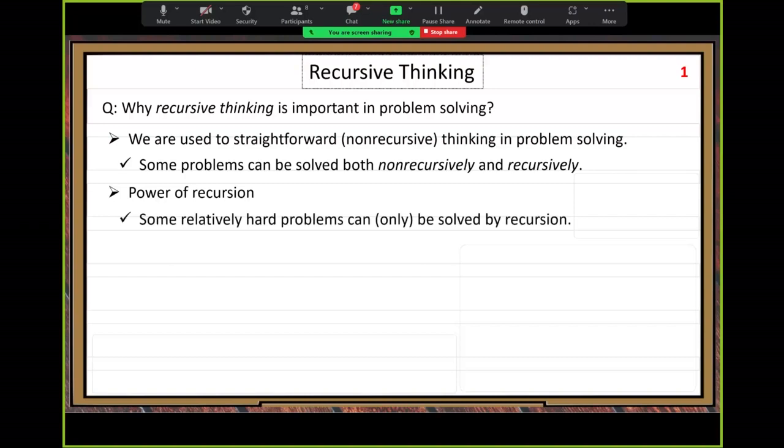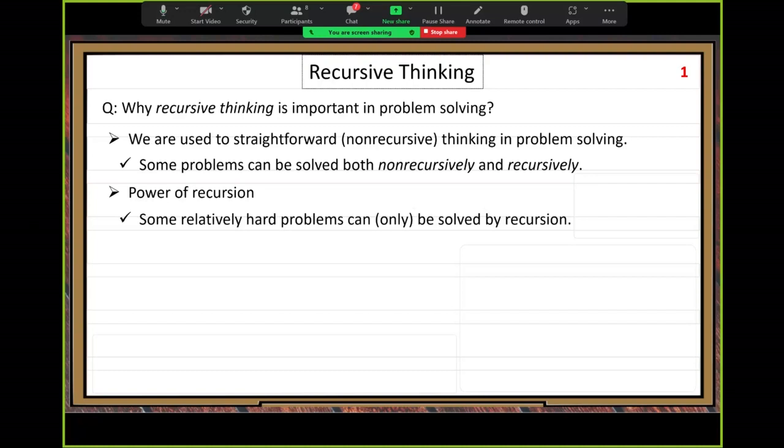What do I mean by the power? The power in problem solving: you can solve relatively hard problems by its power. Some relatively hard problems can only be solved by recursion. Here I put parentheses around "only", because there is some argument about that.